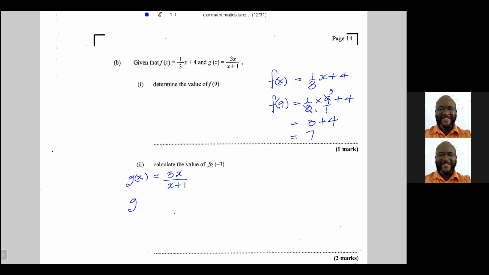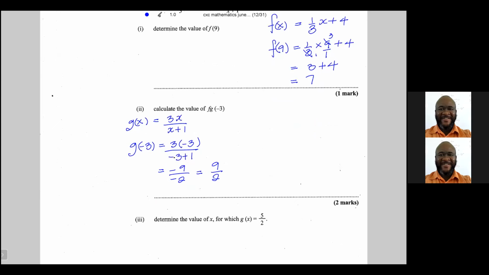So in g, wherever I see x, I'm going to put minus 3. So that's 3 times minus 3 over minus 3 plus 1. So what I have here is minus 9 at the top, and at the bottom I have minus 2. A negative divided by a negative is a positive, so it's 9 over 2. Or if you want, you could say 4.5.